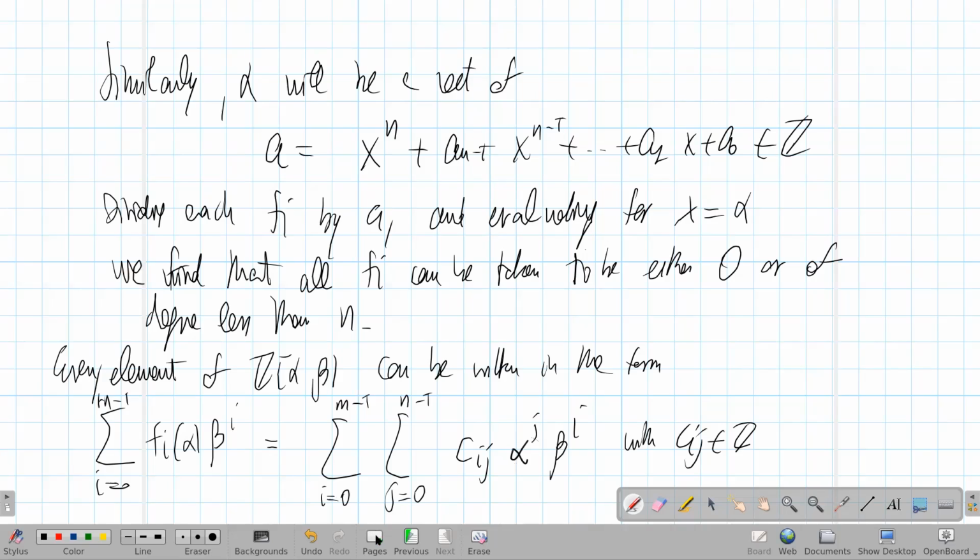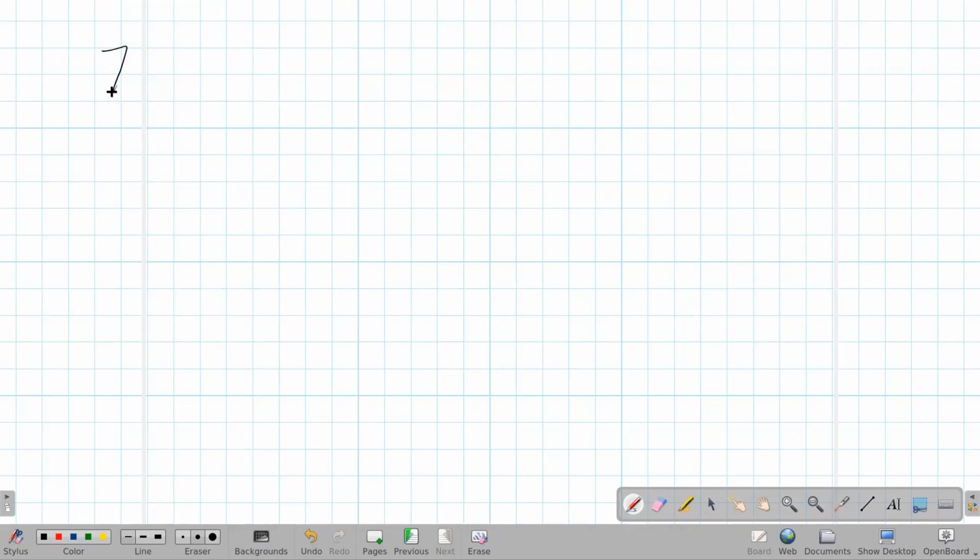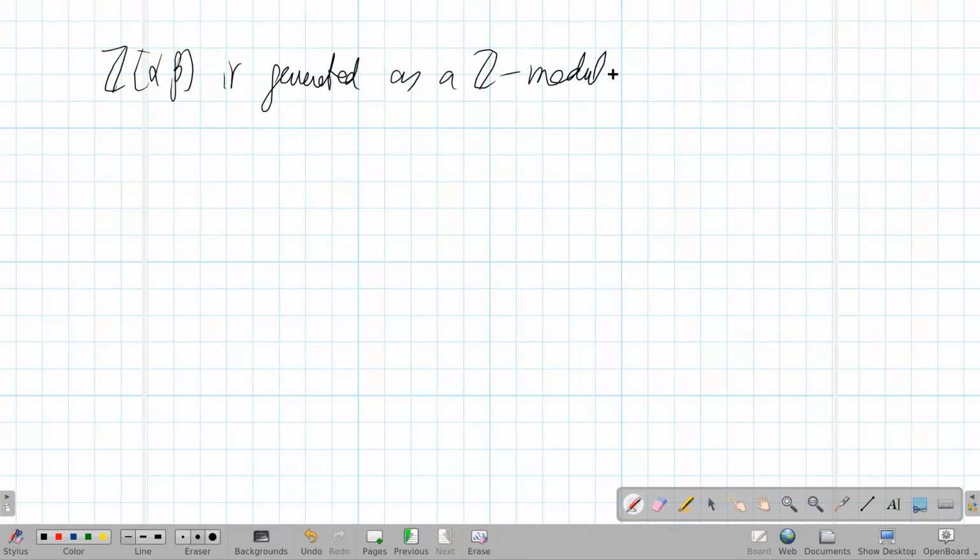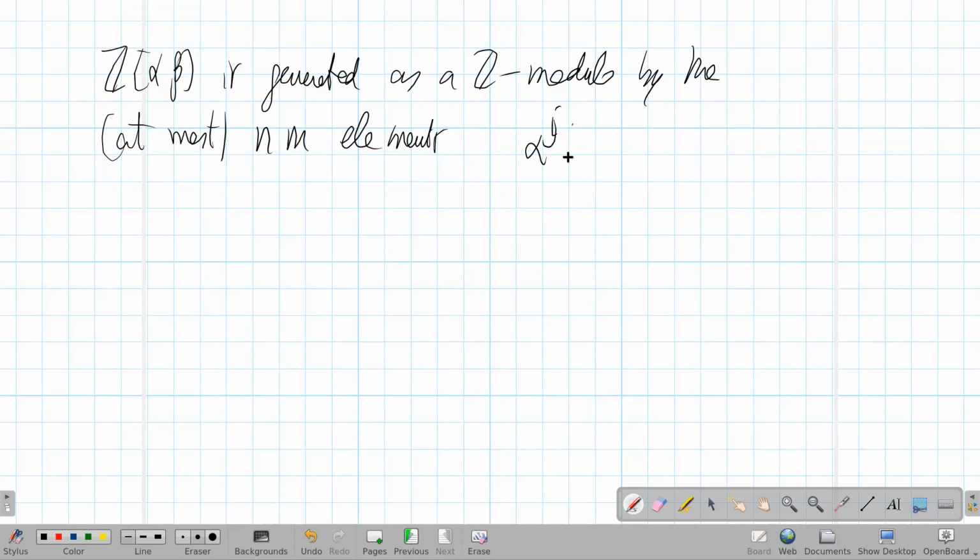So, in other words, Z[alpha, beta] is generated as a Z-module by at most n times m elements, alpha^j beta^i, where j goes from 0 to n and i goes from 0 to m, where the top value is not taken.